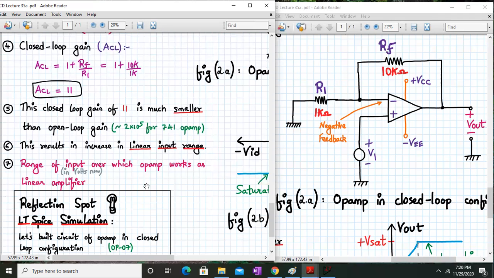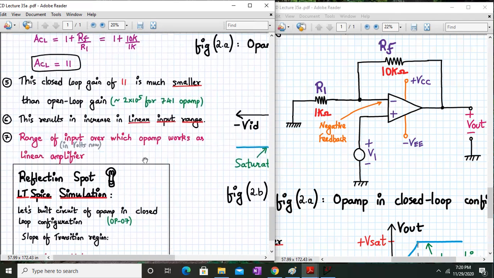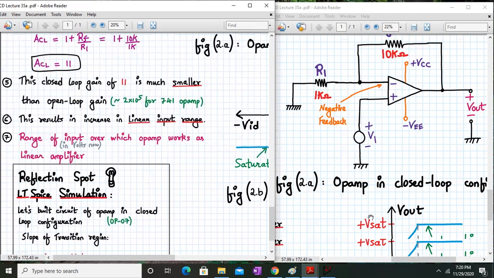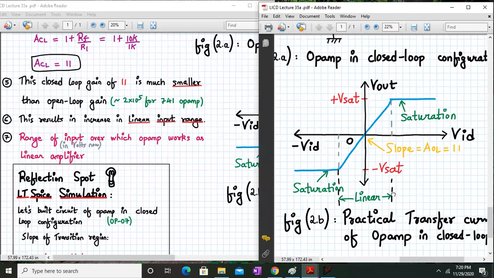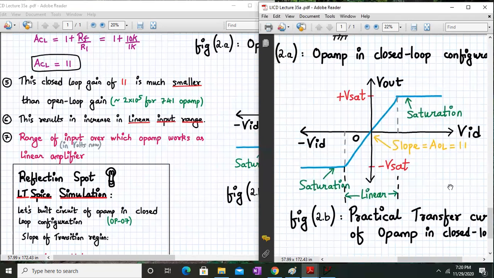Linear input range is the range of input over which the op-amp works as a linear amplifier. Let's see that range now. This will be the practical transfer curve of op-amp in closed loop configuration. As you can see, it is similar to your earlier open loop configuration, but the only difference is the slope is quite less.